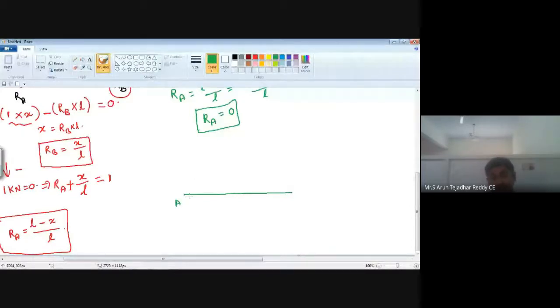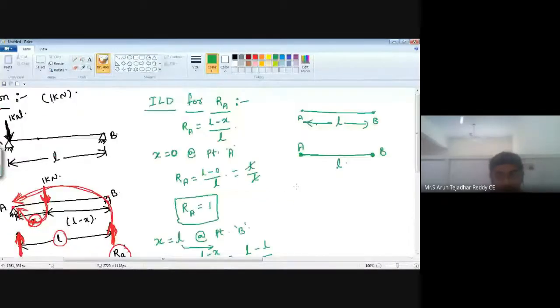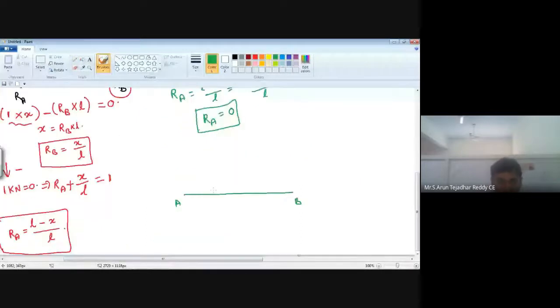Here it is A, here it is B. At point A our value is 1. So this is our point A. 1 means somewhere here acting, that is 1 kilonewton. We got a positive value, so it is above the beam. Positive means above the beam, negative means below the beam.